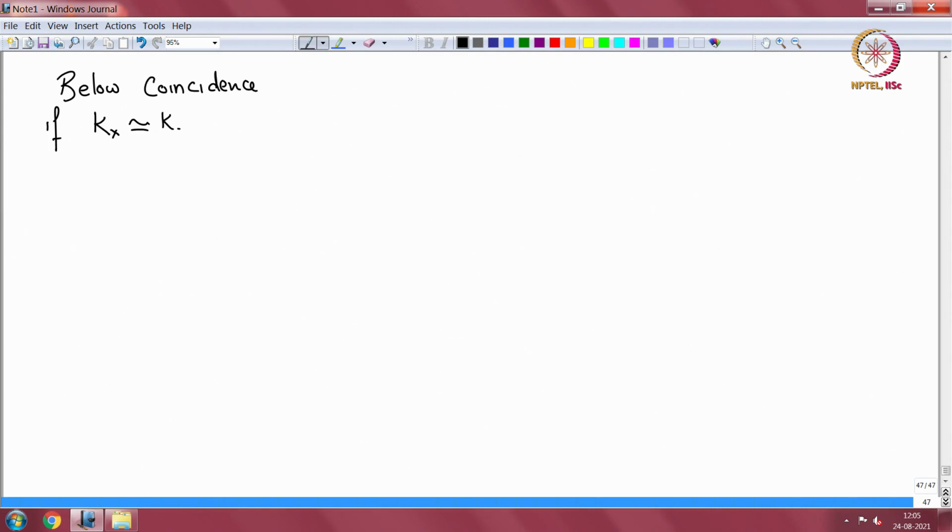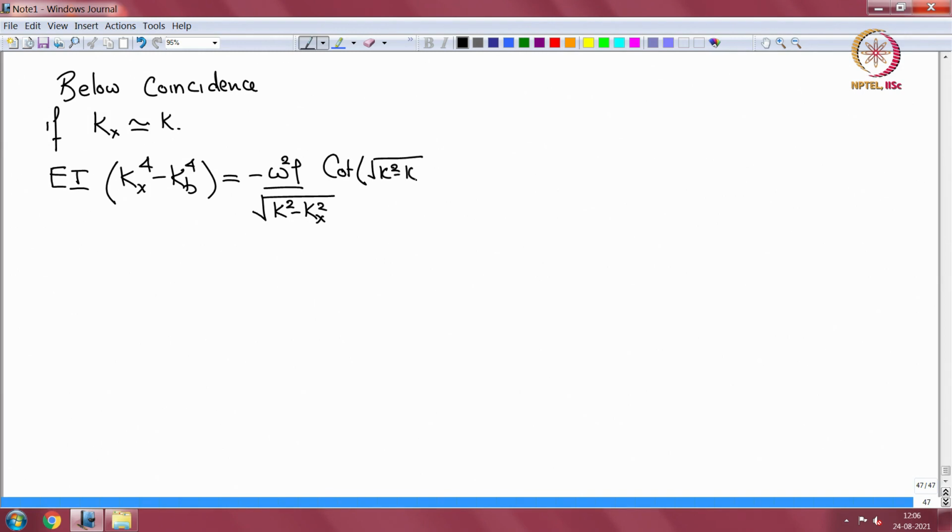Then I will need to write the equation for clarity: EI (kx^4 - kb^4) = -omega^2 rho / sqrt(k^2 - kx^2) cot(sqrt(k^2 - kx^2) a). Here kx is less than k. This is the A equation below coincidence.